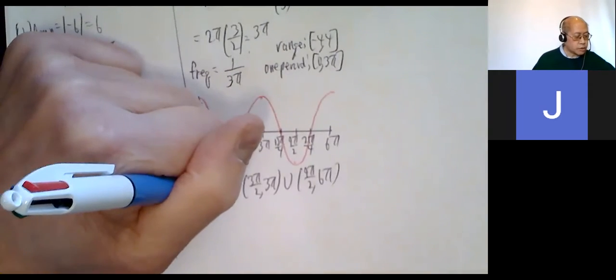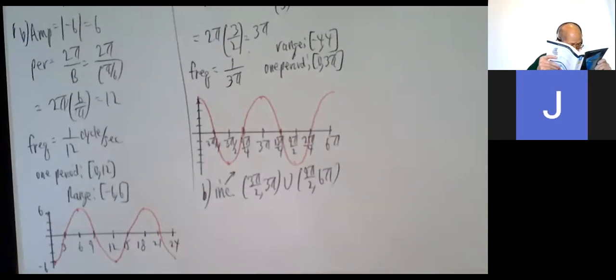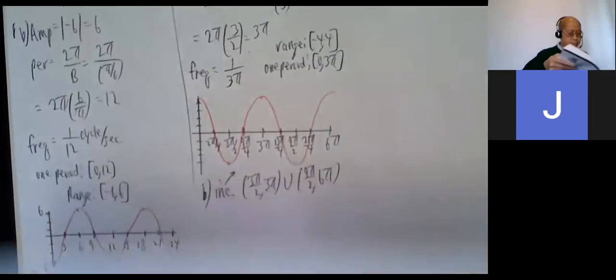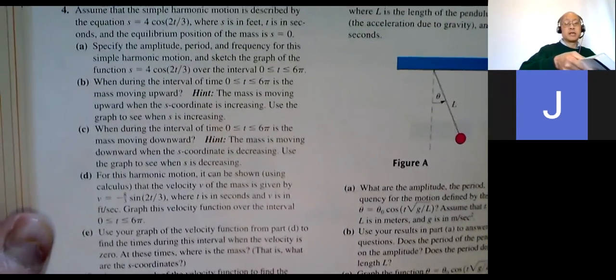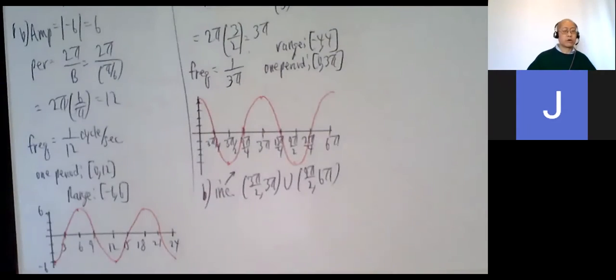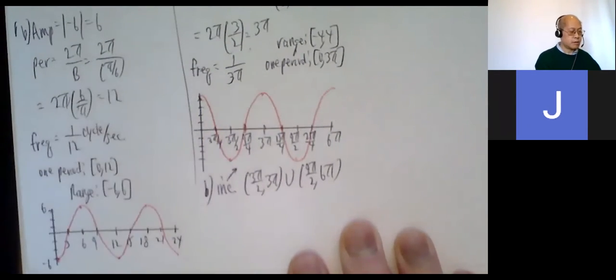For my calculus students, I like to write increasing like that, with an arrow. That's very suggestive. As I move from left to right, it goes that way. Decreasing, I would have an arrow down. In fact, C asks for decreasing. When are we going down the roller coaster? Here and here, right?